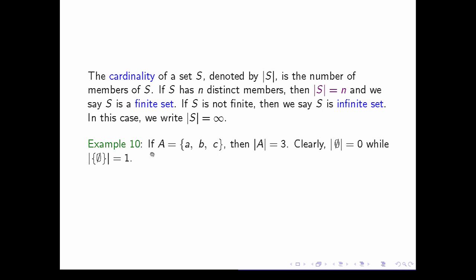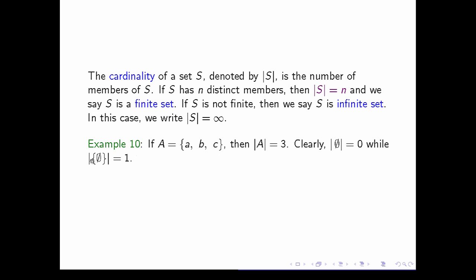So example 10 gives a quick look at cardinality. We have set A with 3 distinct members, a, b, and c. Then the absolute value of A is 3, which means the cardinality of A is 3. The cardinality of the empty set is obviously 0 because the empty set doesn't have any members.